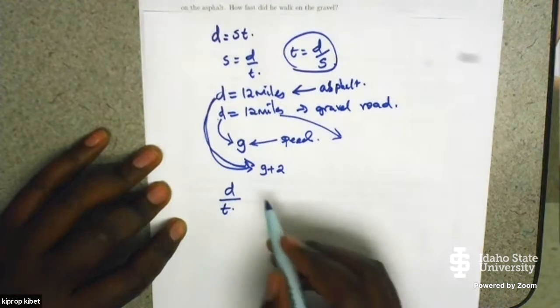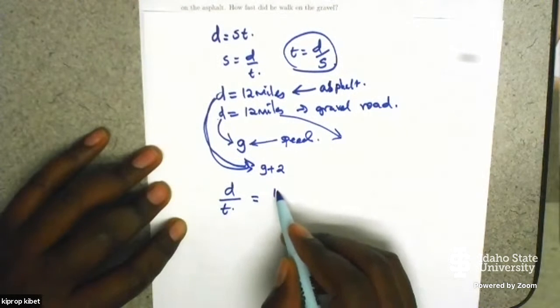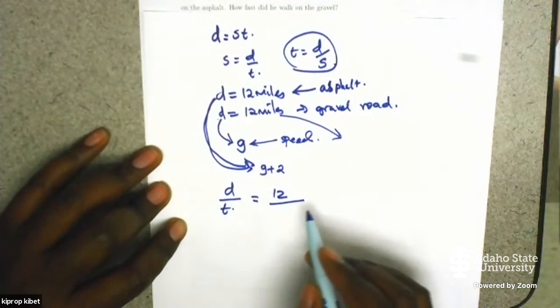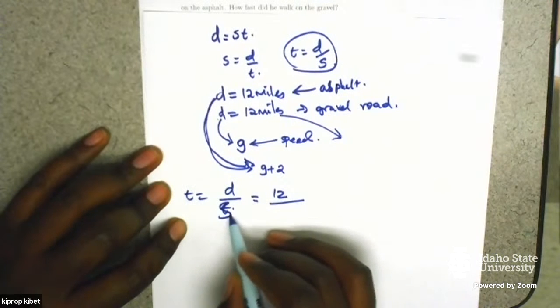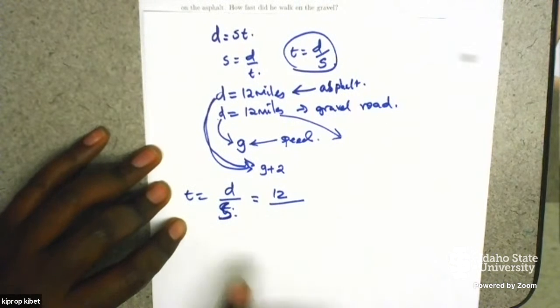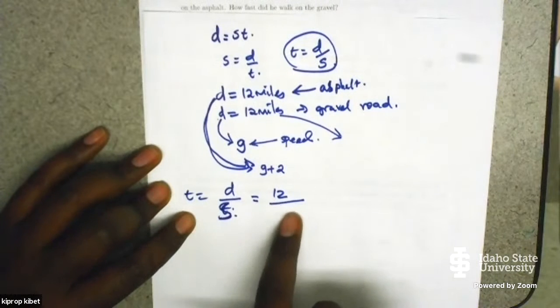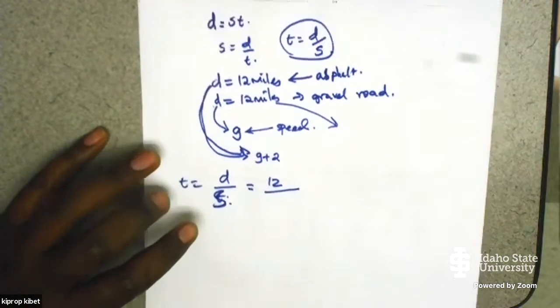So the distance is equal to what? 12 miles. All over the speed. So the speed that you will use here is what?